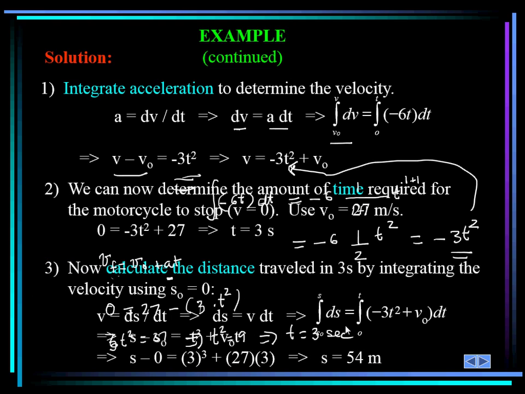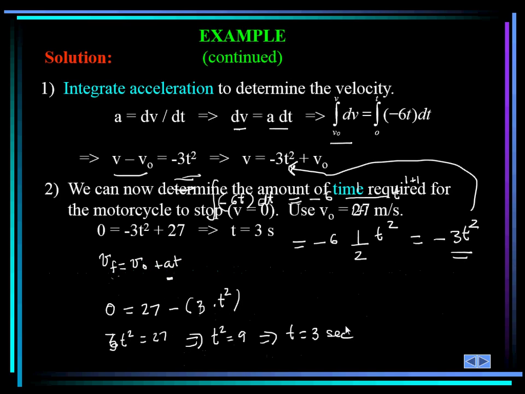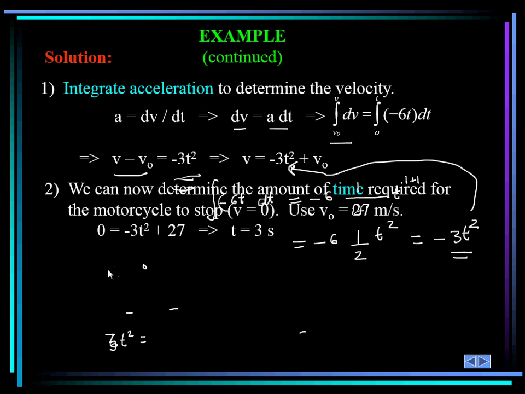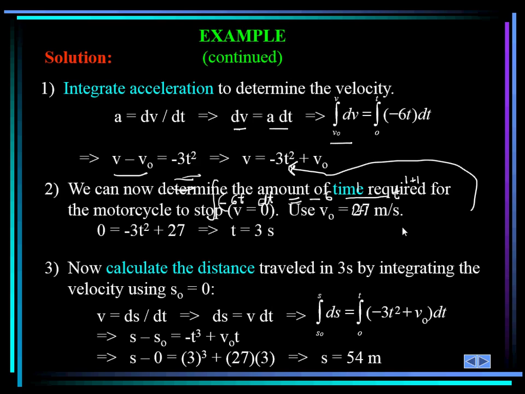I think we don't want to get confused here. Perhaps we'll erase this and give rise to the next part. Hopefully that's already assimilated. How do we calculate the distance traveled in t seconds? By integrating the velocity and using the initial position at 0.